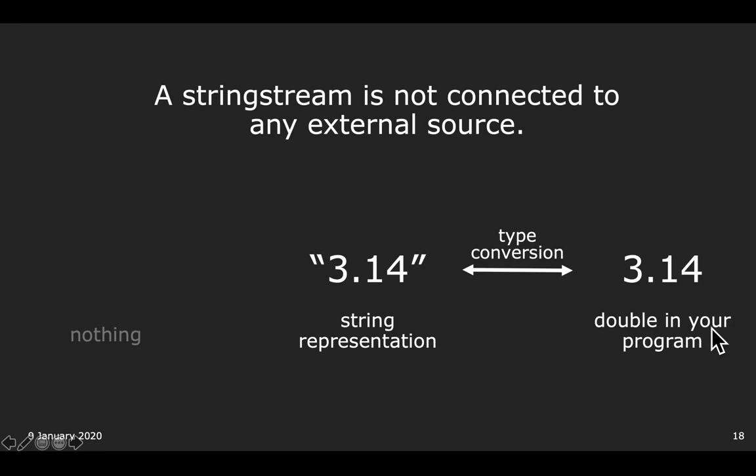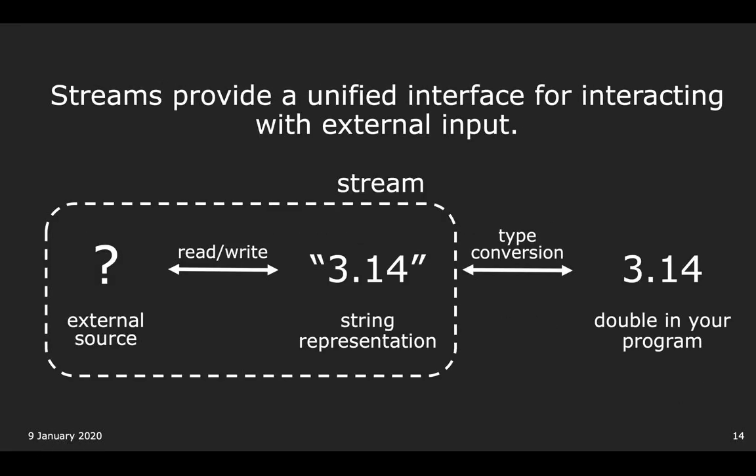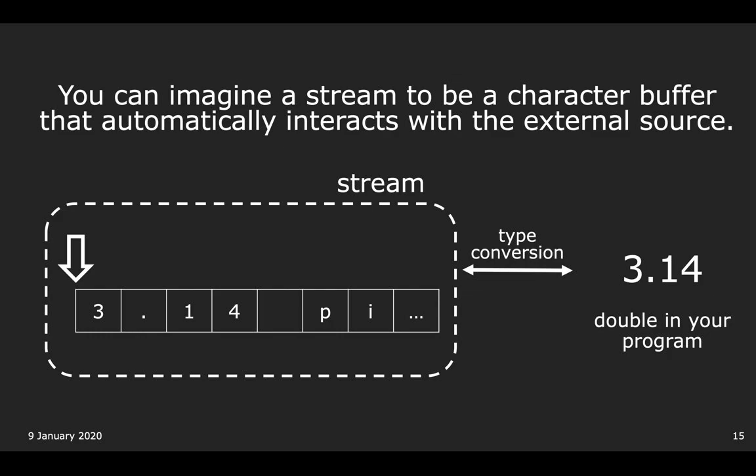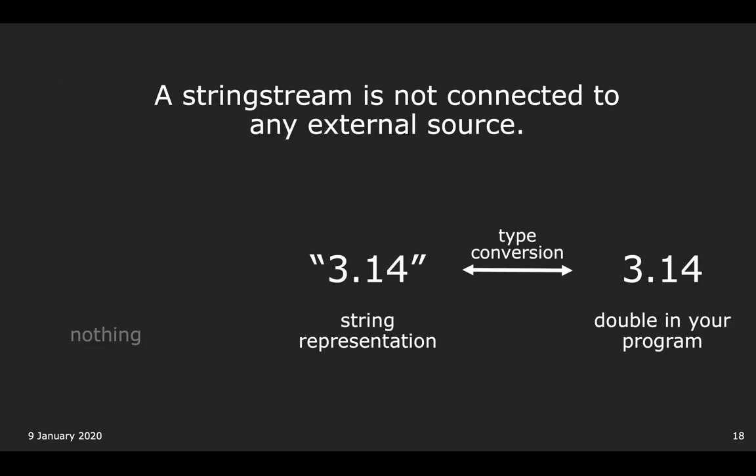Don't forget, the stream abstraction is over here. This string representation is actually what the buffer is written as, and the characters are stored inside that buffer. This variable you see here is what is in your program and what you're writing to the buffer.